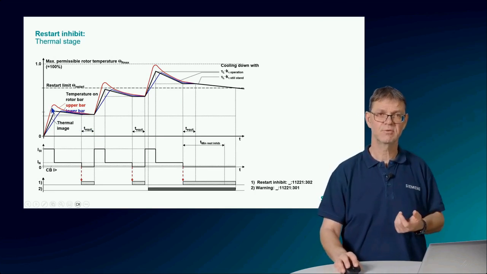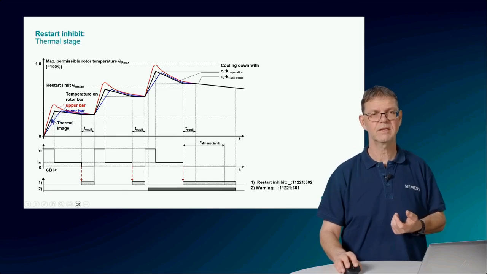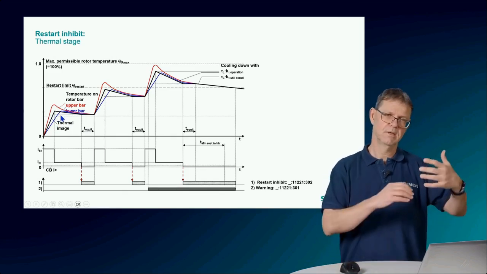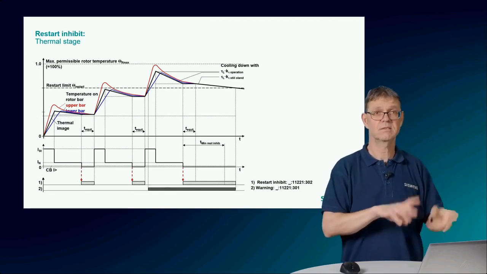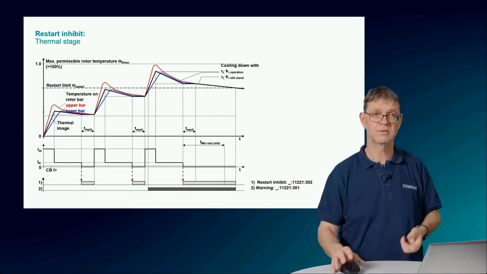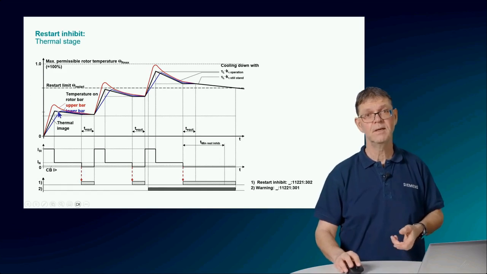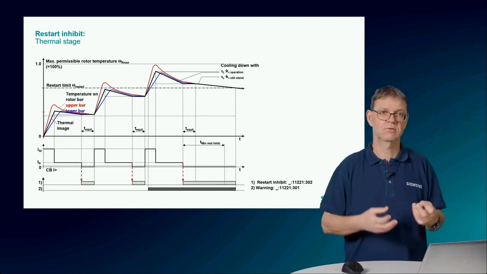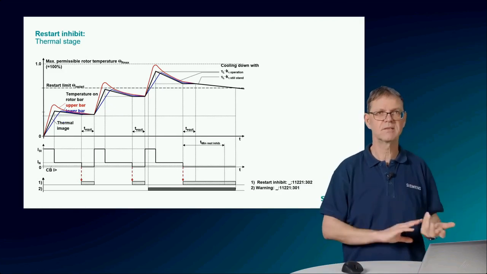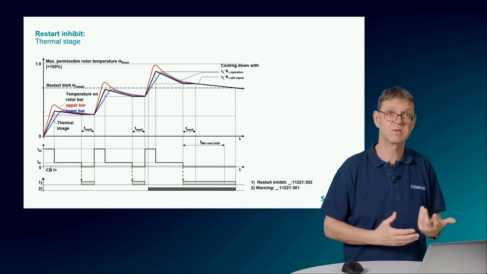What is the idea behind it? You see here we have a red and a blue line and this black line. The red line means we have some zones where we have a higher temperature than in another place of the rotor. You see here upper bar, lower bar. We cannot calculate these temperatures with this model. We cannot calculate where the temperature is, how much, and how it is distributed.